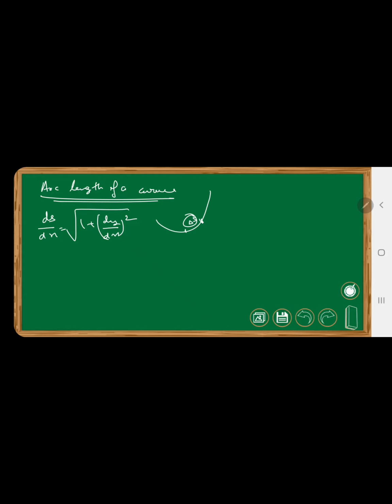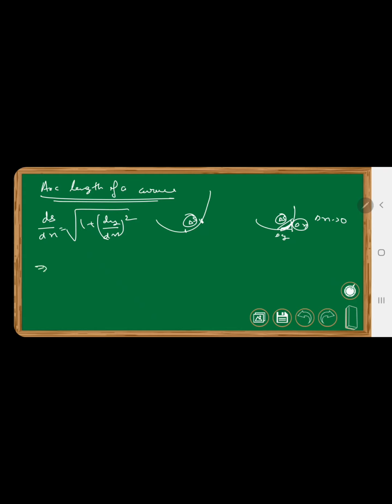This is a direct consequence of the Pythagoras theorem. You join this, so this is your delta s, this is your delta x, and this is your delta y. As you tend delta x to 0, your delta s changes to ds, and it comes to meet the arc.